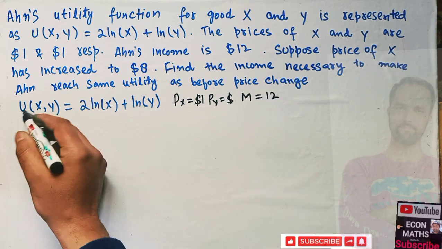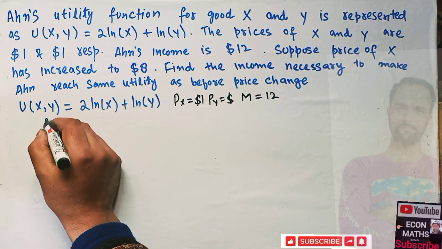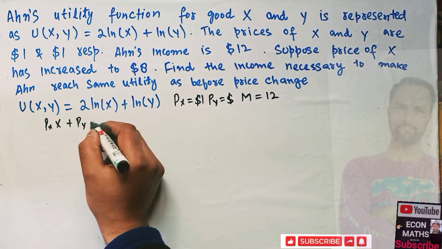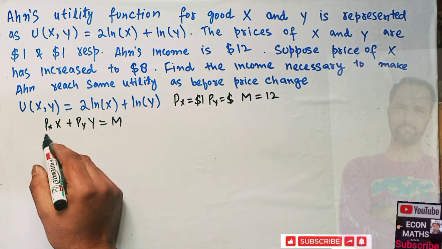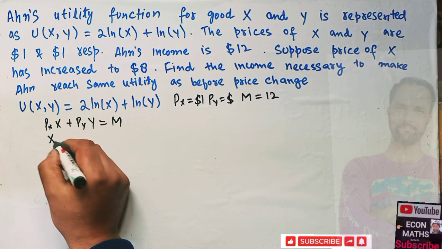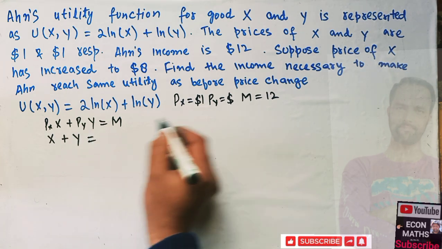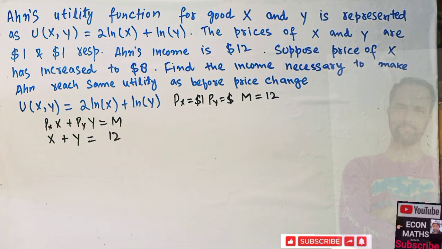Our budget constraint will be price of x times units of x plus price of y times units of y equal to m. So we can write x plus y equal to income, 12. This is our utility function, and this is our budget constraint.